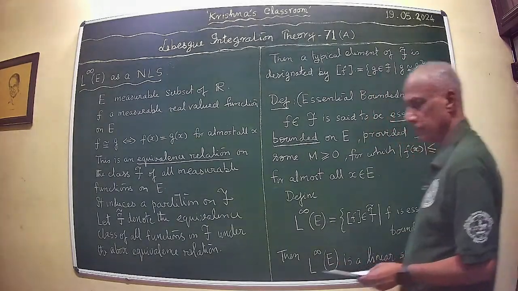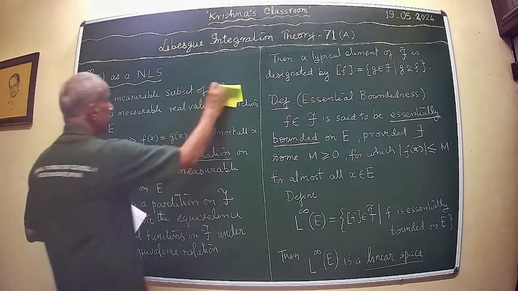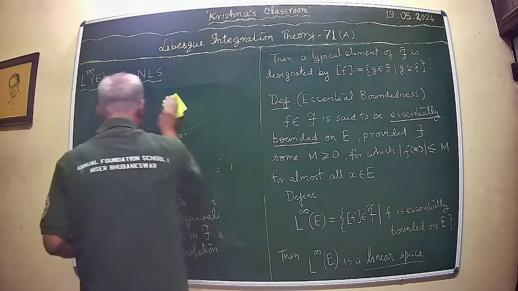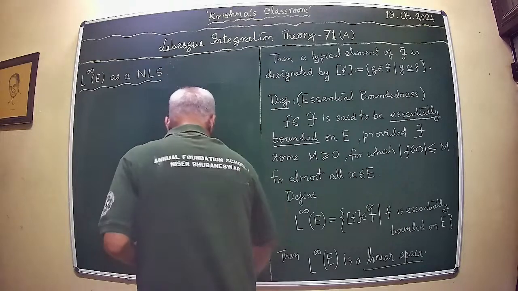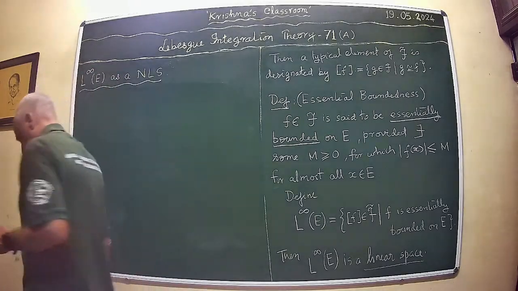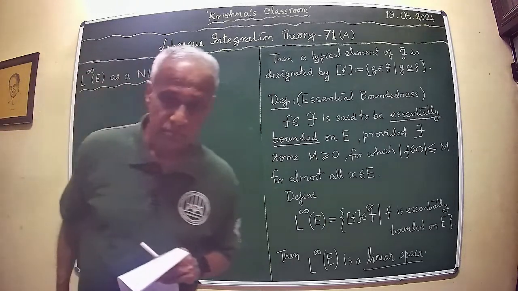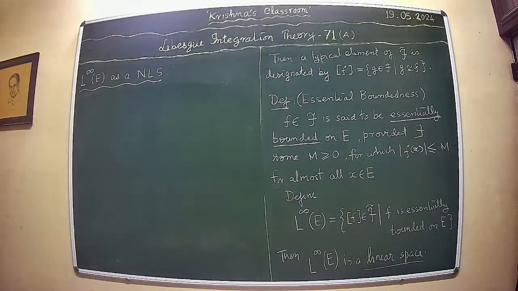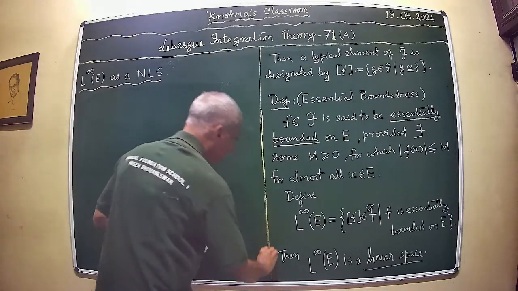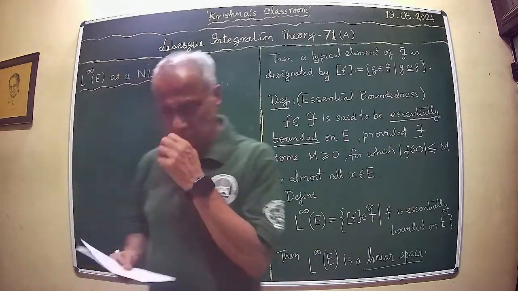So this is first. Now what we do next is to make it a normed linear space.